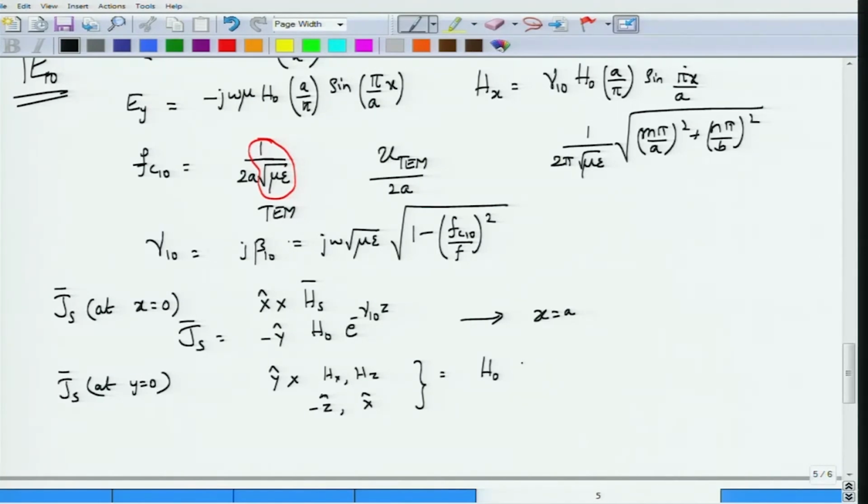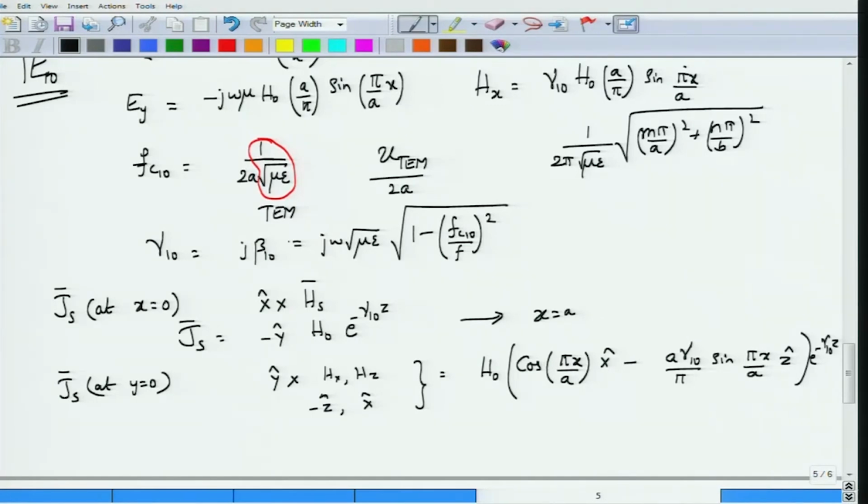The answer that you get is h0 cos(pi x by a) along x direction, minus some constant, of course a by pi is the constant, times gamma 10, the propagation constant, times sin(pi x by a), and this one would be along z direction, e to the power minus gamma 10 z.